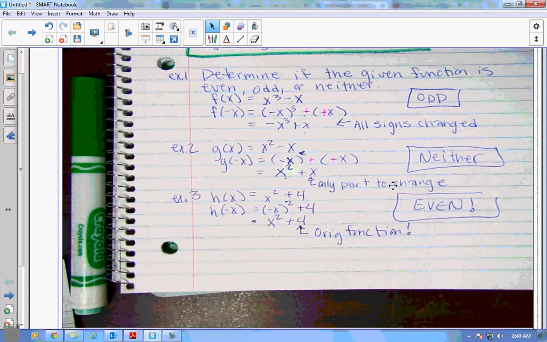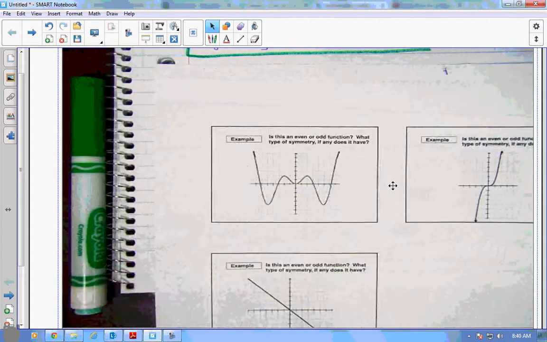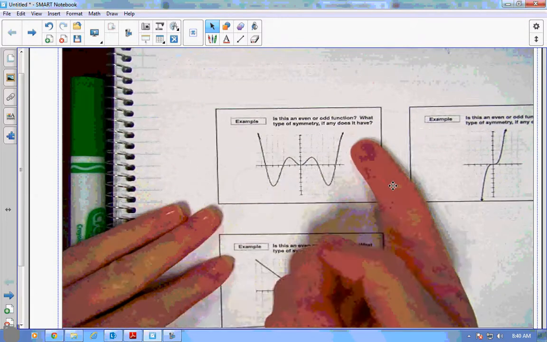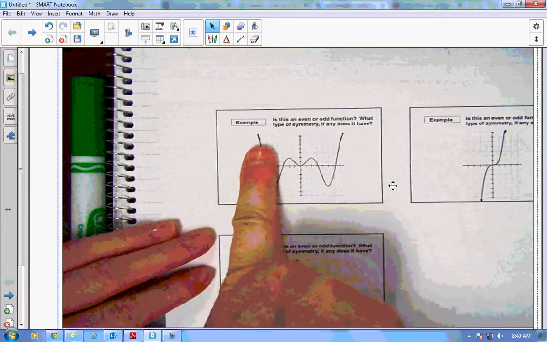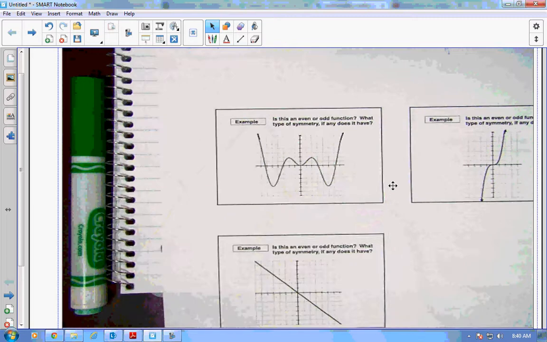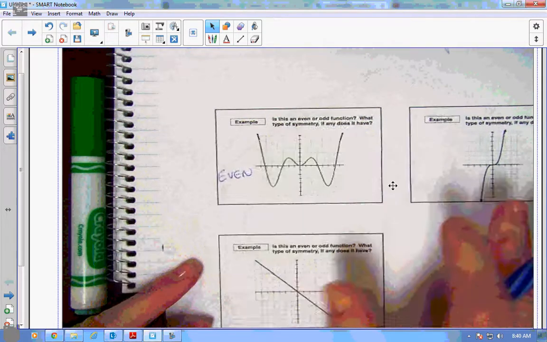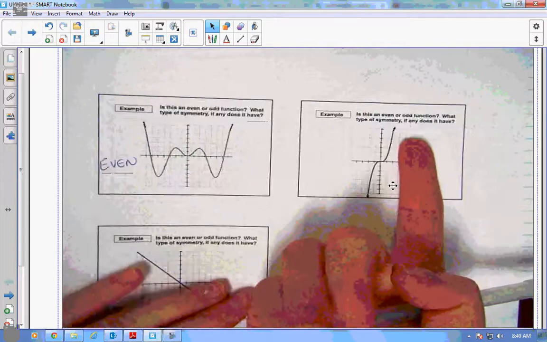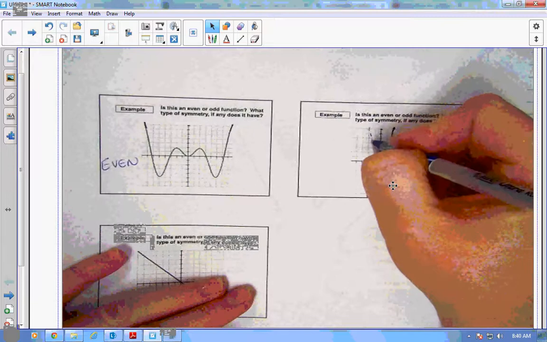Okay, you can also verify by looking at graphs. Here's a couple examples. We have this graph here. If I fold this side over, it's going to match itself. When it matches itself, that is even. Now this one, when I fold the right side over, it comes out something like this.